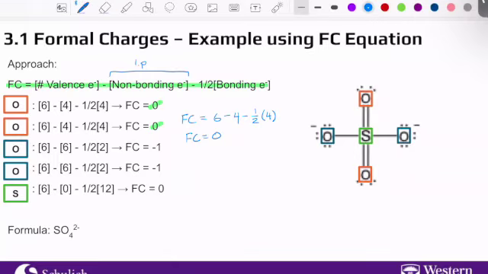Formal charge is equal to 6, because oxygen has 6 valence electrons, minus the number of non-bonding electrons, which you see there is 1, 2, 3, 4, 5, 6, as well as minus half the bonding electrons. We see that atom is connected to sulfur through one bond, which contributes 2 electrons, meaning the formal charge of our blue oxygens is then -1.